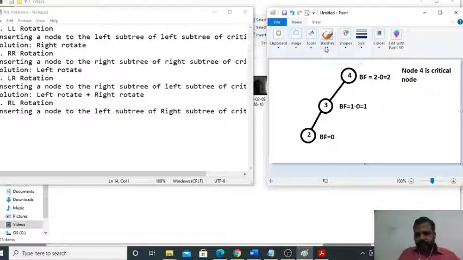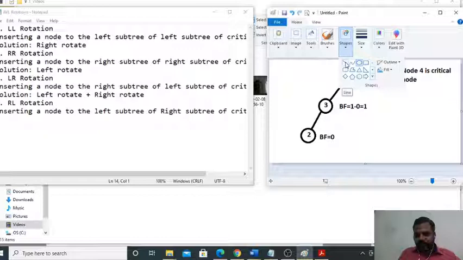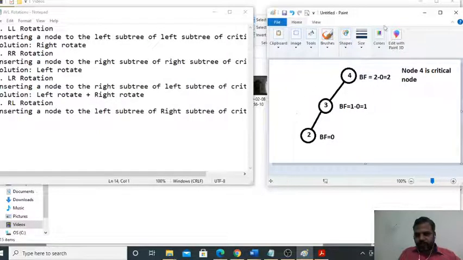In this way I have to rotate, a right rotation.